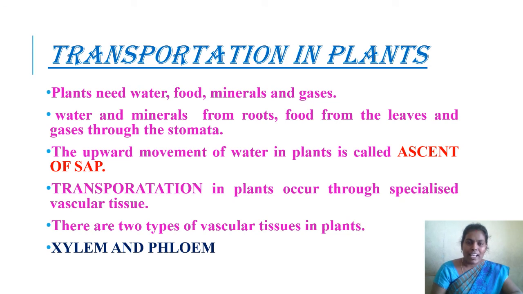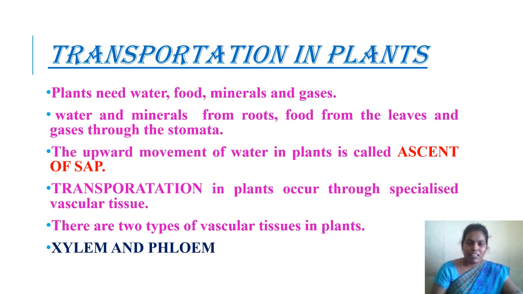Transportation in plants occurs through a specialized vascular tissue. Vascular tissue means nothing but tubular tissue. So many tubules are present inside the plant. Now let us see how transportation takes place in plants.